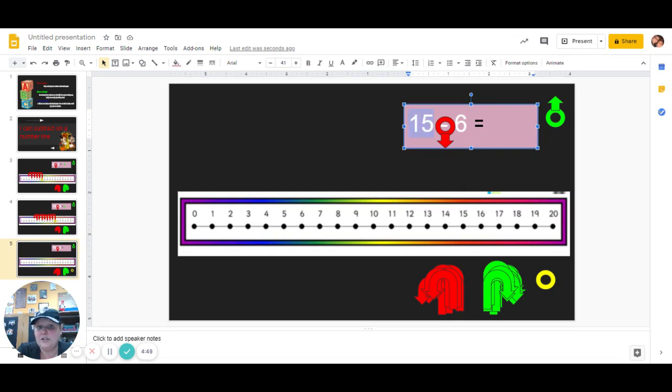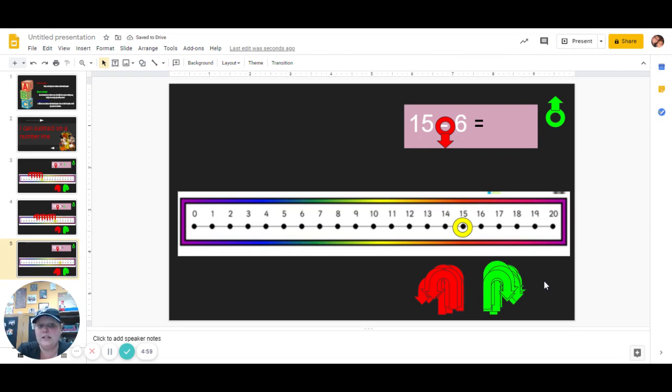I know I have to start at my beginning number, which is 15, because in subtraction I can't mix them or mess them up. So I'm going to keep my 15 as my start, and I'm going to circle that number so I can start. And since I have my down arrow, I'm going to need my backwards hops because my number is going to get smaller. So I have 15 minus 6 is the same as blank.